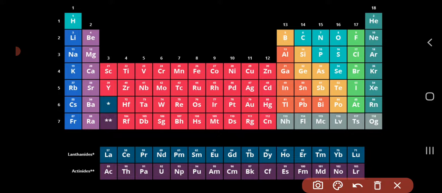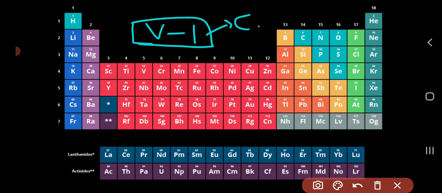In the first group, what are the elements? Hydrogen, lithium, sodium, potassium, rubidium, cesium, francium. To identify them: all the elements in this first group have valency 1. If the valency is the same, their chemical and physical properties are also the same.